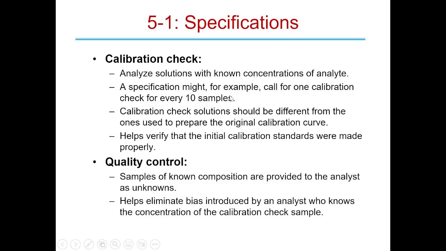I'll be honest, if you actually go through and check your specifications in every lab, whether you're working in industry or a hospital or whatever, I promise you that most labs are not going to be doing what it says they should be doing. And you're going to go, oh, yeah, we're not doing a good job.